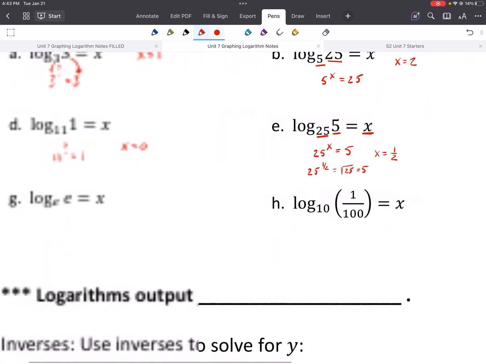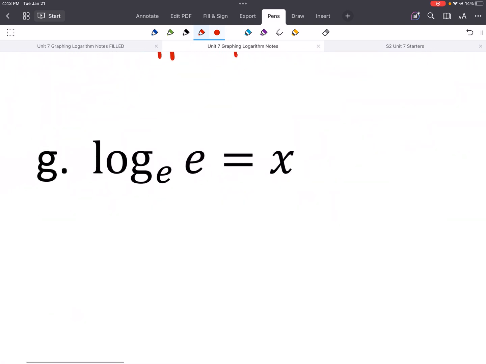All right, these last two are just a little different. Instead of numbers, they might be pi's or e's. Okay, we'll talk more about this number. E is a number. It represents something similar to pi. So again, this is saying e to what power is equal to its argument, which is e.